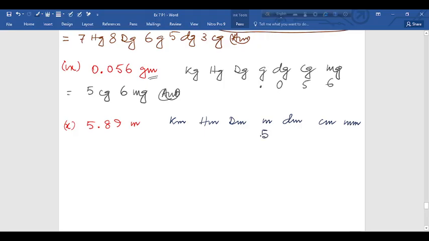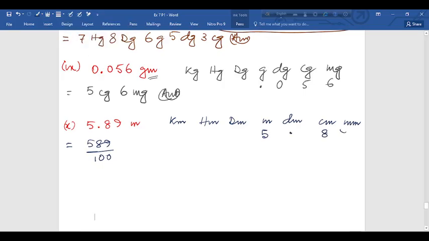if we divide this, that is 589 over 100, since after the decimal there are 2 digits. So it is 5 and put the decimal here.